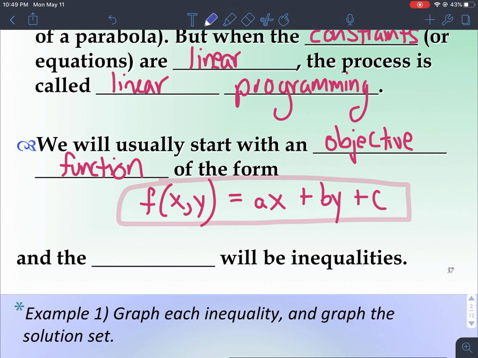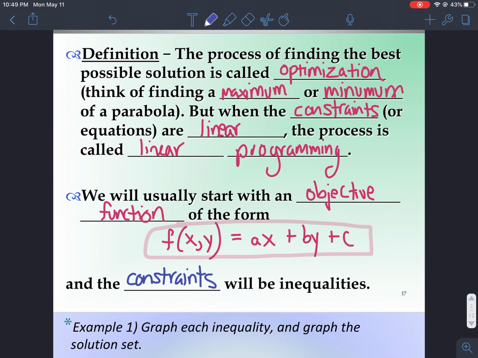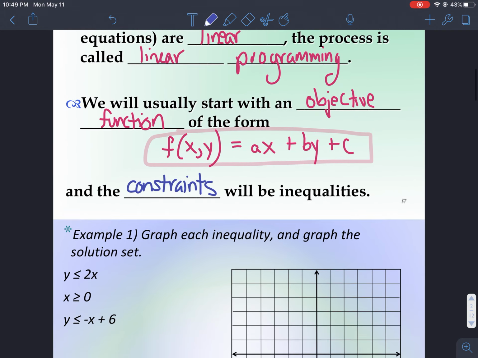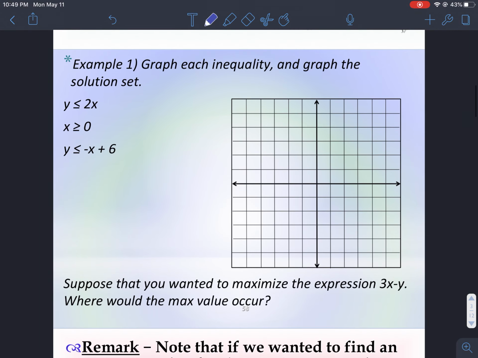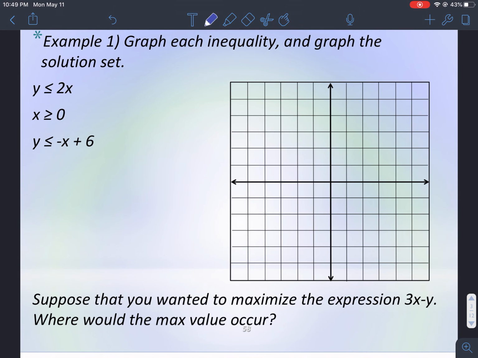So we also want to say here, the constraints are going to be inequalities. That is quite a lot of definition there, so why don't we take a look at an example and it will make more sense. Graph each inequality and graph the solution set. The first one is y is less than or equal to 2x. So I'm going to graph y equals 2x.